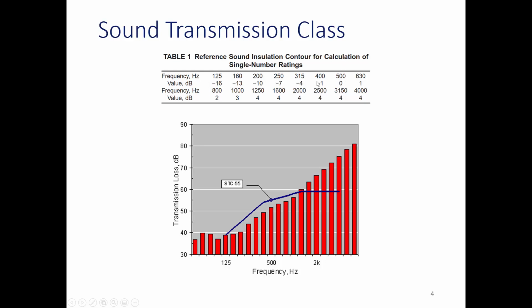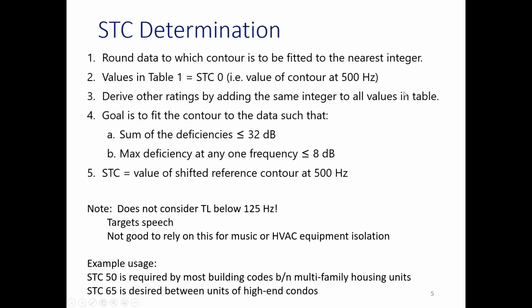At lower frequencies where we're less sensitive to the sound, it drops off. And then at the higher frequencies where we're more sensitive to the sound, it increases. So values in table 1 equal STC 0. We derive other ratings by adding the same integer to all values in the table.